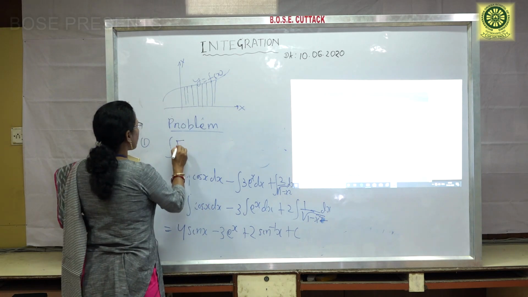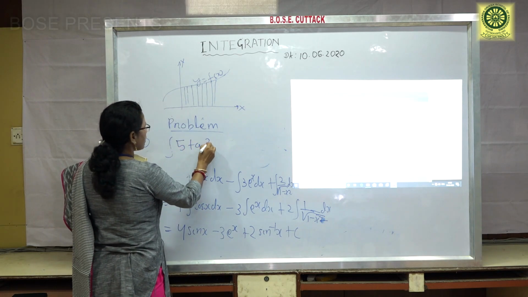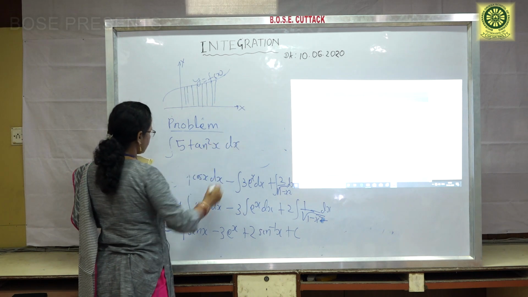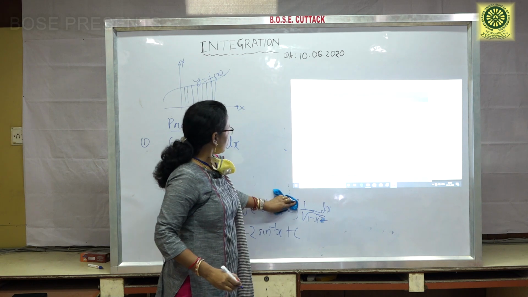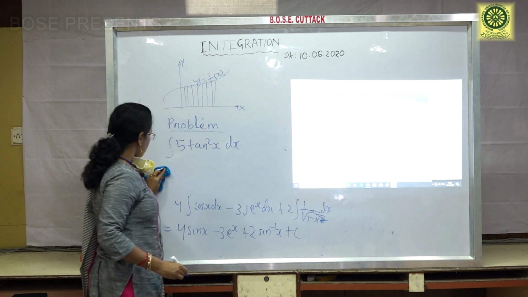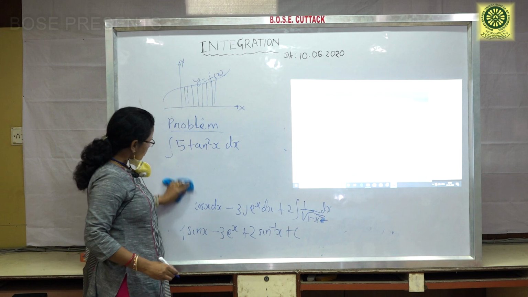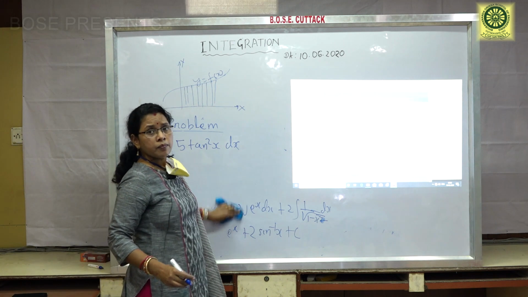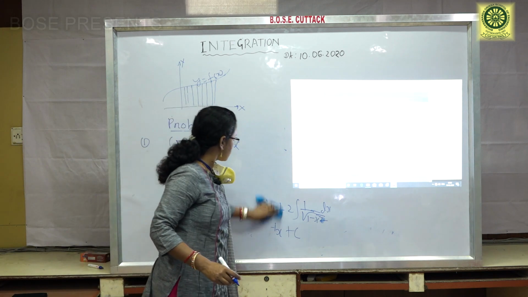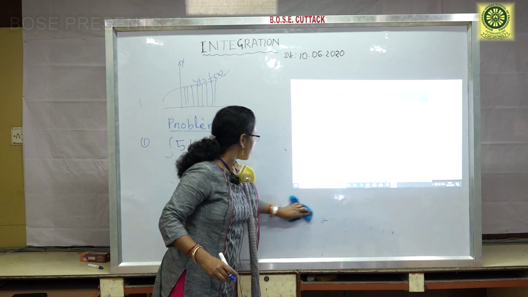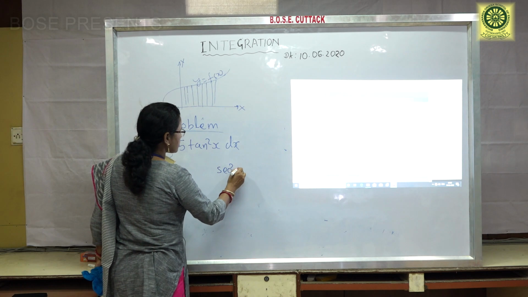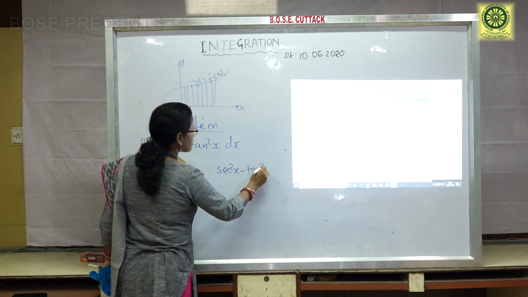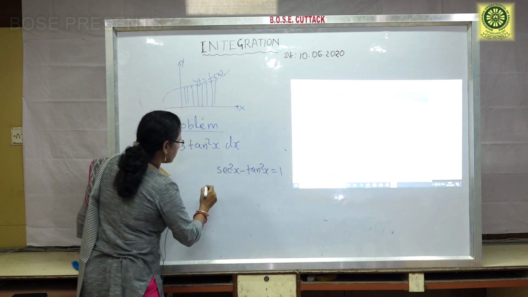Now our next one is the integral of 5 tan square x with respect to x. But there is no direct formula to integrate tan square x. We can replace tan square x by using the formula sec square x minus tan square x is equal to 1.